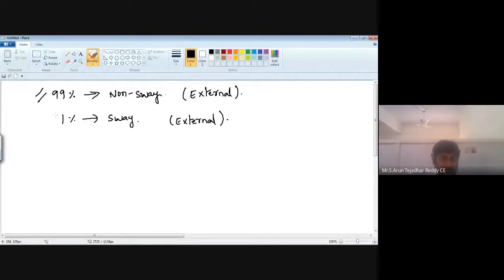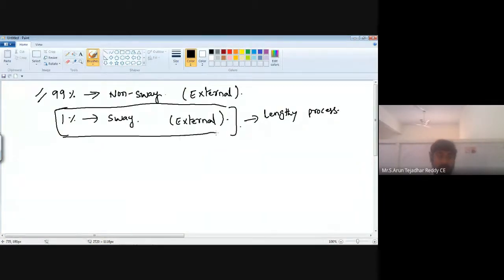Sway is also easy, no problem, but it is a lengthy process. A full problem will take at least 2.5 to 3 hours in the sway.